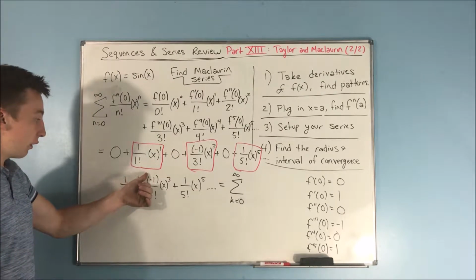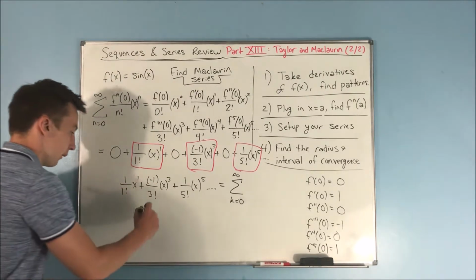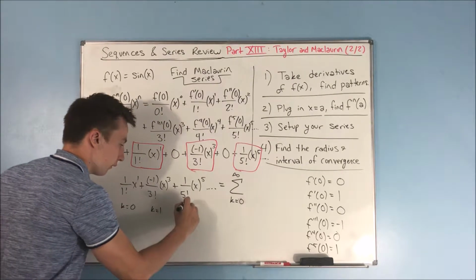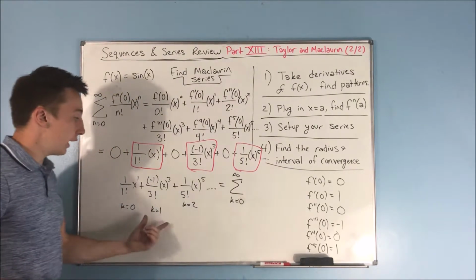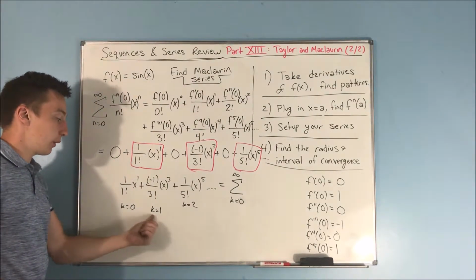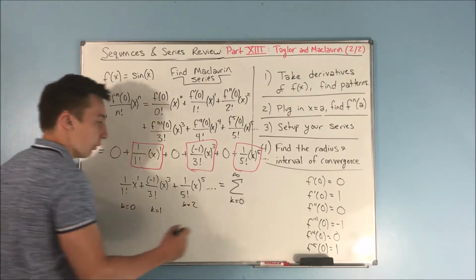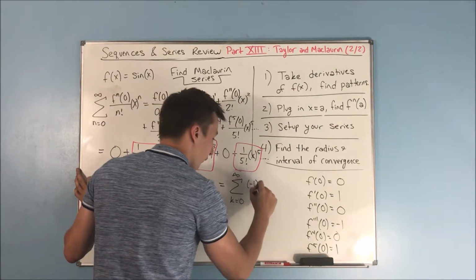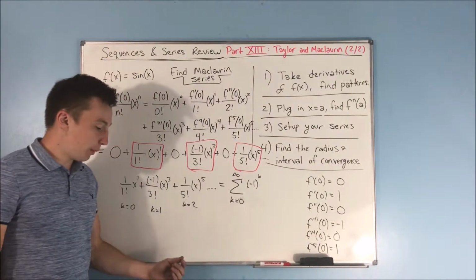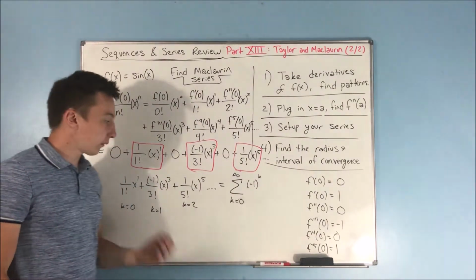It's in the k equals 1 term, so the negative is going to appear in the terms with odd k. So we're going to have a negative 1 to the k. That'll be our first step.